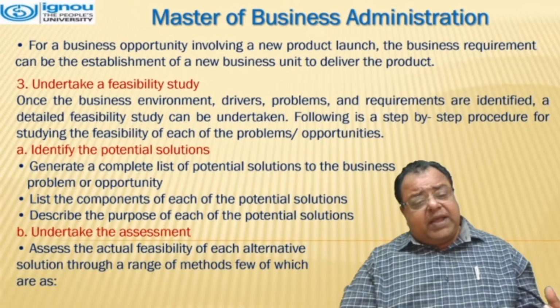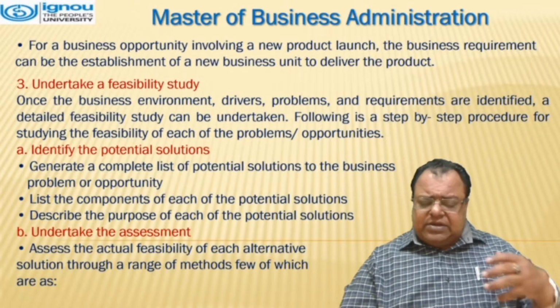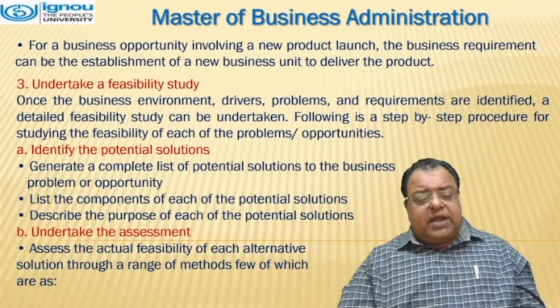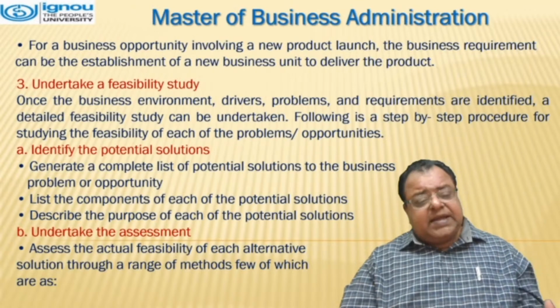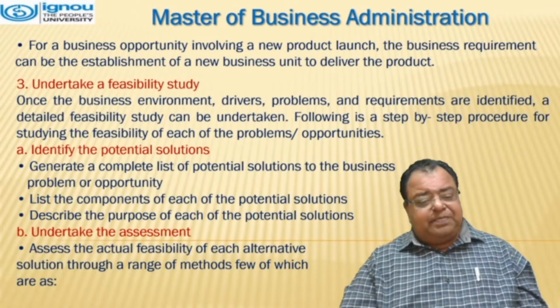Initially, identify the potential solution. Generate a complete list of potential solutions to the business problem or opportunity. List the components of each of the potential solutions and describe the purpose of each of the potential solutions.